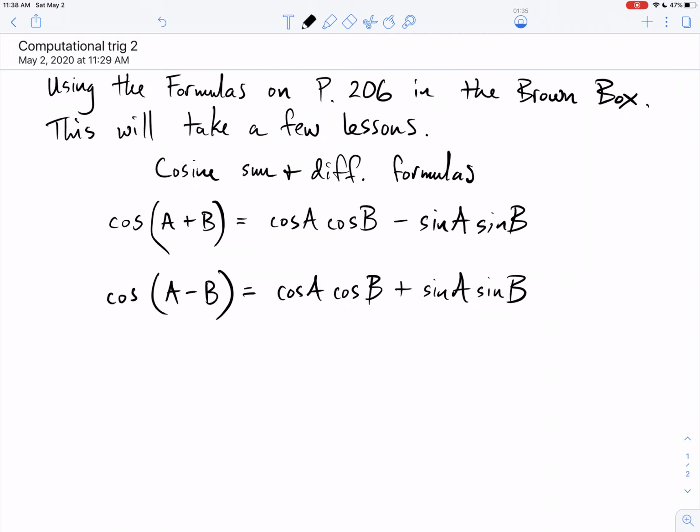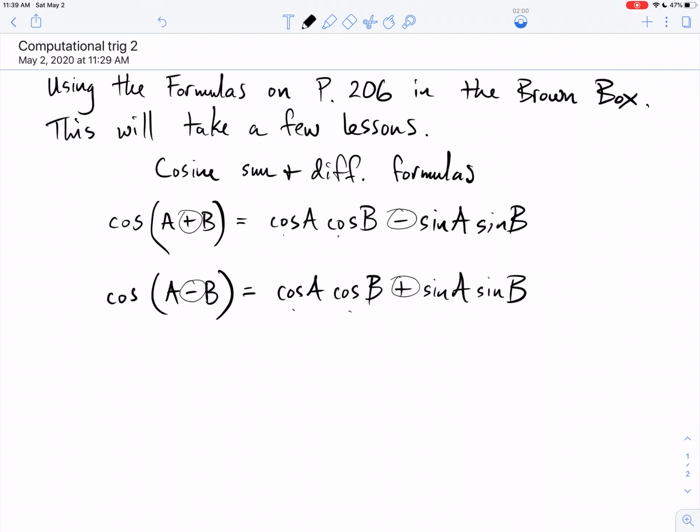I think of it because it goes cosine, cosine, sine, sine, and the letter pattern is the same: A, B, then sine A, sine B. The only thing is cosine's a jerk because in the sum formula, they put a minus in the middle, and in the minus formula, they put a plus in the middle.